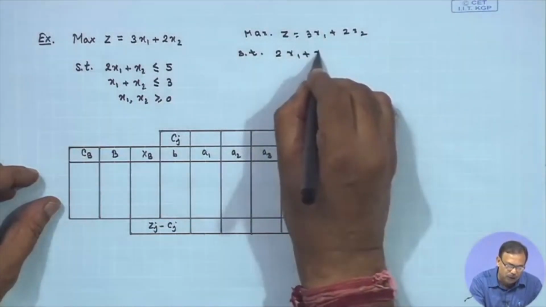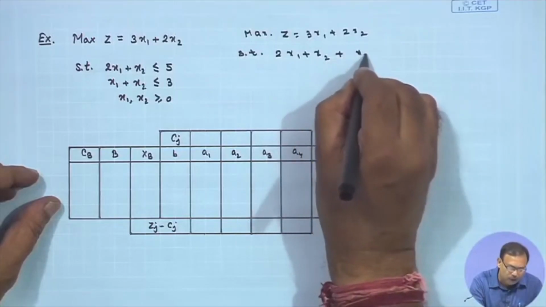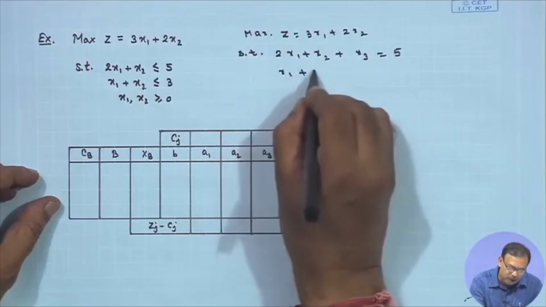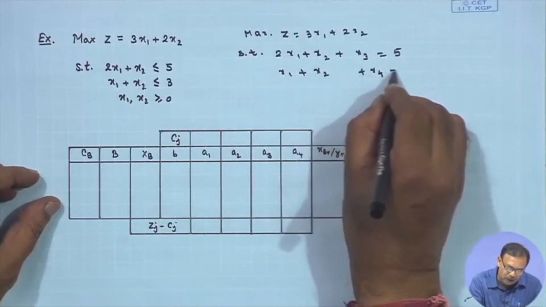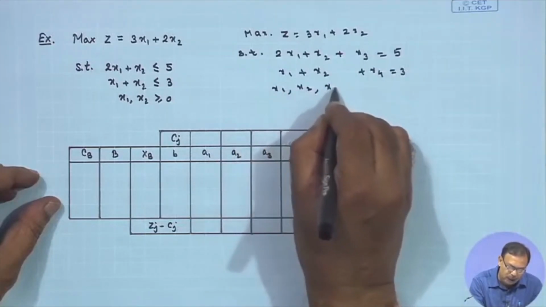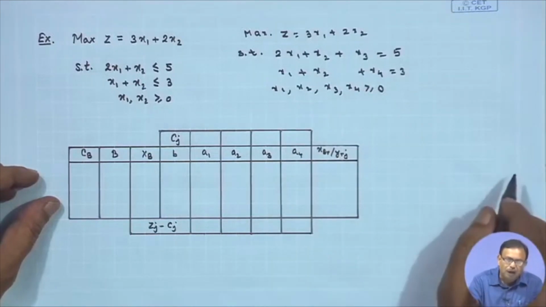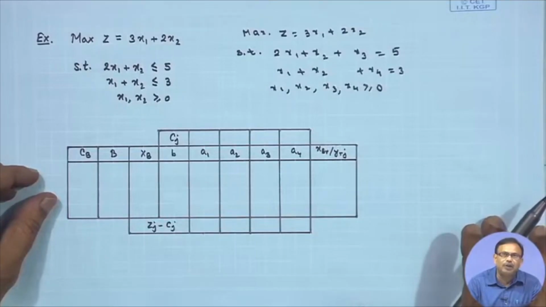So, it will be 2 x 1 plus x 2 plus x 3 equals 5 and x 1 plus x 2 plus x 4 equals 3, where x 1, x 2, x 3 and x 4 are greater than equals 0. Here x 3 and x 4 are the slack variables.